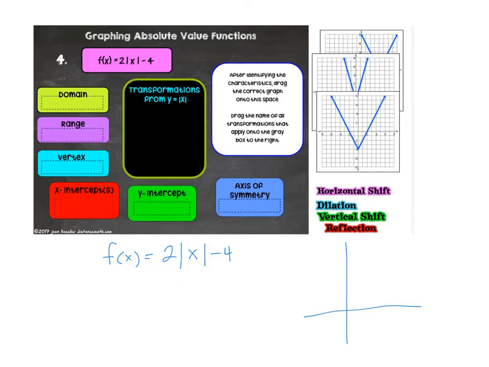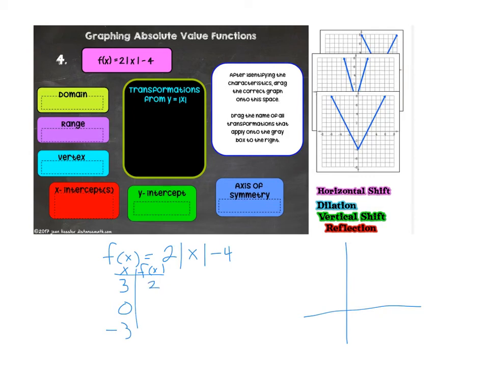Alright guys, on this next one, we're going to be able to plug in 0. Let's do 3 for our x and our f of x. Let's do 3, 0, negative 3. So if I start with 3, the absolute value of 3 is 3. 3 times 2 is 6. 6 minus 4 is 2.